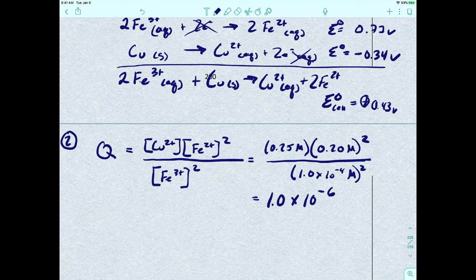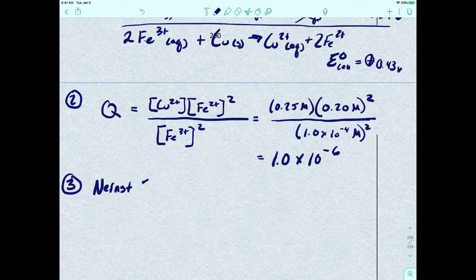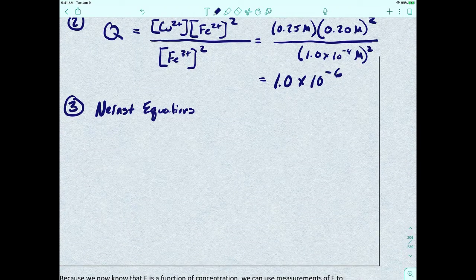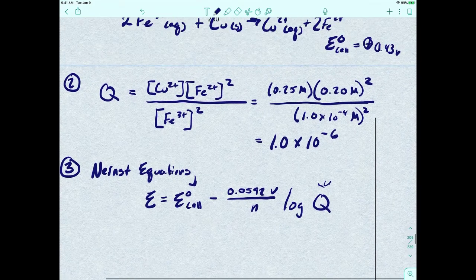We've got our Q value and the cell potential, so now we can use the Nernst equation. That's our step 3. The Nernst equation says the cell potential is equal to the standard cell potential minus 0.0592 volts divided by n times the log of Q. We've got Q and the standard cell potential, we just don't know n.